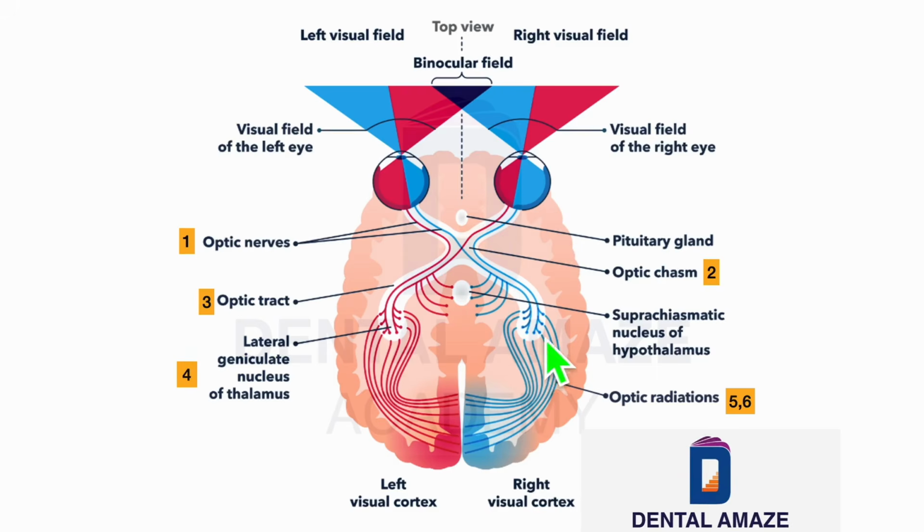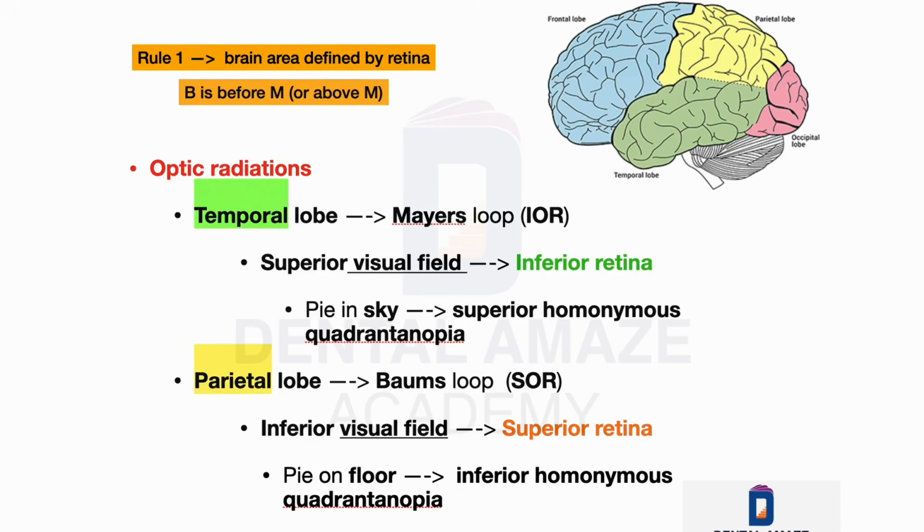Basically these optic radiation fibers loop around the parietal lobe, and it's called Baum's loop. The other fibers coming from the inferior retina go to the temporal lobe and loop around it, called Meyer's loop. So it's IOR, inferior optic radiation, and SOR, superior optic radiations.